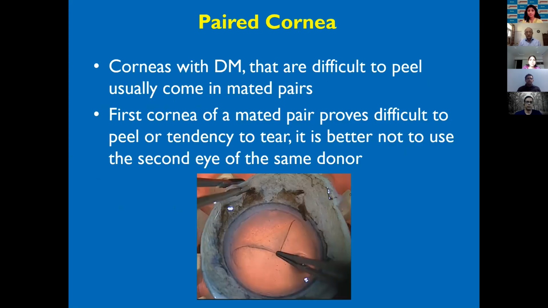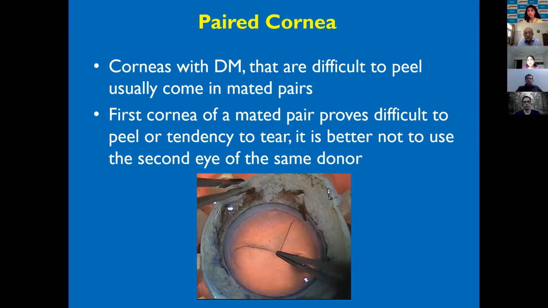Now, what about the paired cornea? It is seen that if we have two corneas from the same donor, and one cornea is giving trouble, it's not good to select the other cornea also for a DMEK surgery, because corneas where Descemet's membrane is difficult to peel usually come as mated pairs. This may not be very common to see, but some of the corneas have a difficulty in peeling of the Descemet's membrane.